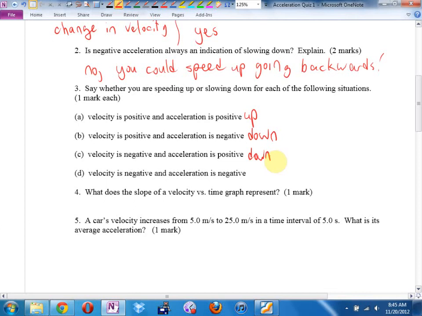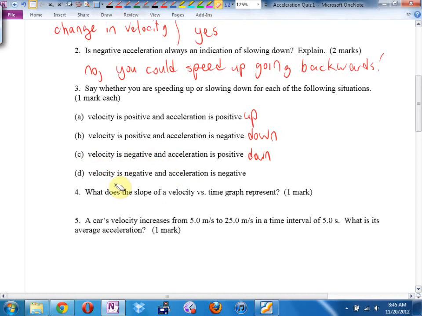So are you saying that, for example, if you were initially going negative 5 meters per second, and then later on, because your acceleration was in the positive direction, you were going negative 2 meters per second, that negative 2 is a bigger number than negative 5 on the number line? Negative 2 is more positive than negative 5, and therefore speeding up. I'll take that. There you go. I'll take that.